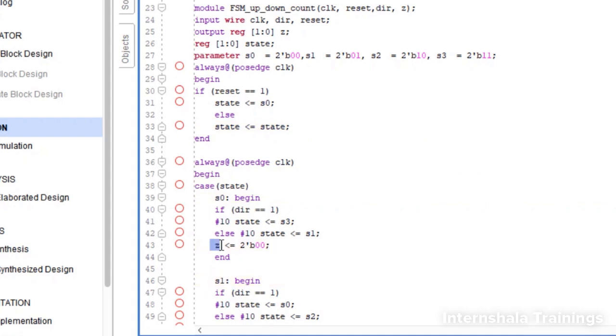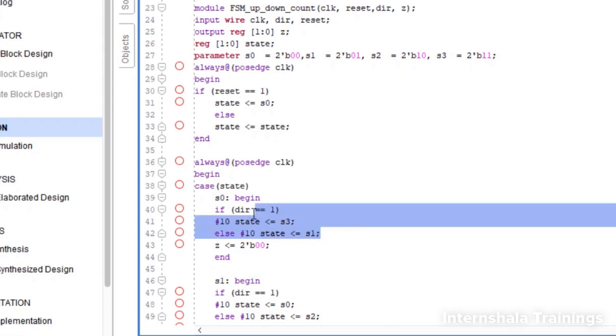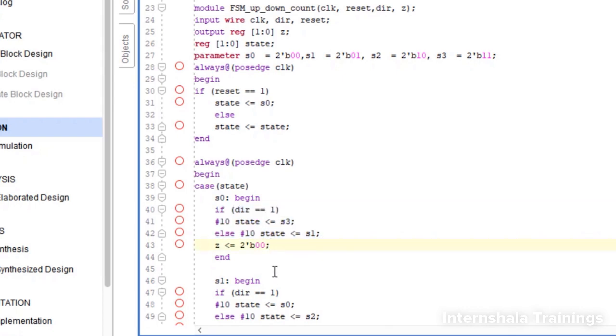I have written the assignment of Z inside the same case because it is a Moore machine. The output depends only on the state value. So we say if direction is 1, count down, 0 goes to 3, otherwise 0 goes to 1. And irrespective of this if-else, the output is 0.